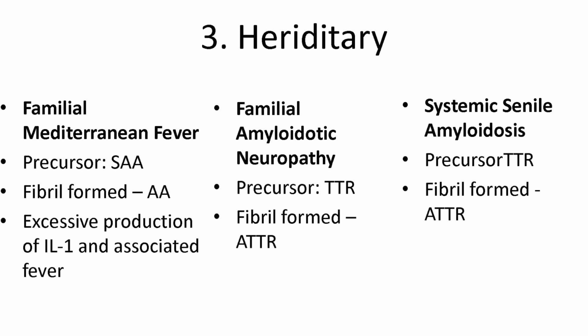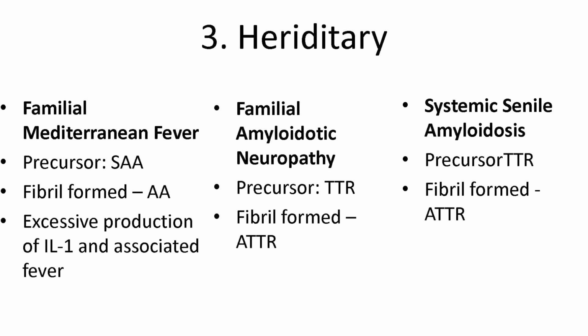In both these cases, it has been observed that transthyretin or TTR, the tetrameric form, degrades and then reorganizes itself to form the fibrils. In the familial Mediterranean fever case, again the acute phase protein is seen to be overexpressed and misfolded, and this normally is seen under conditions of liver inflammation.